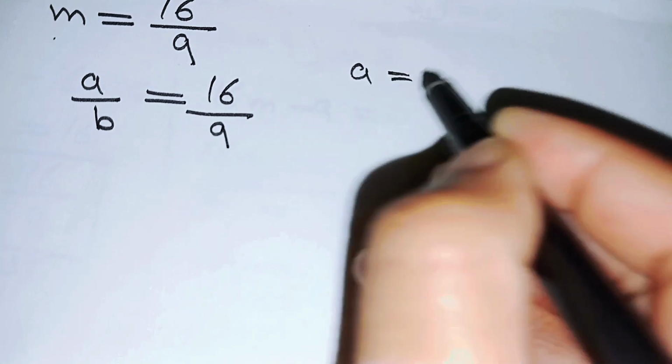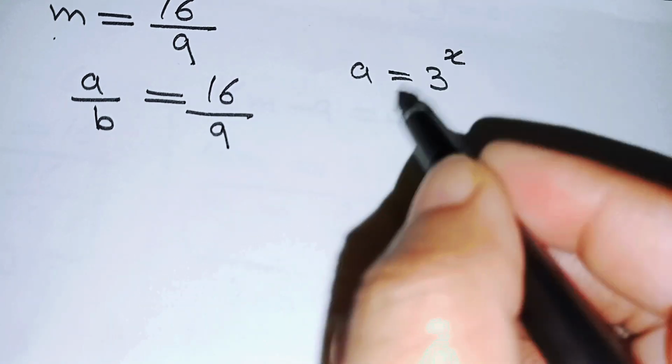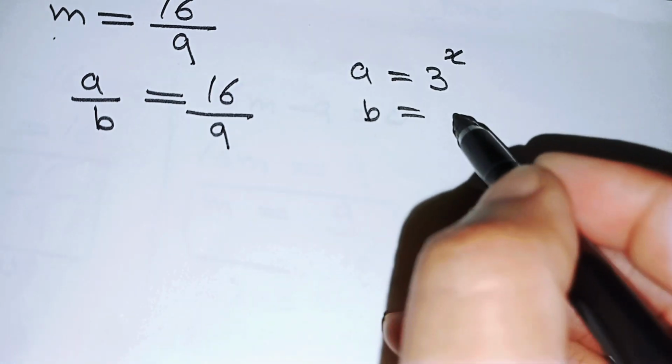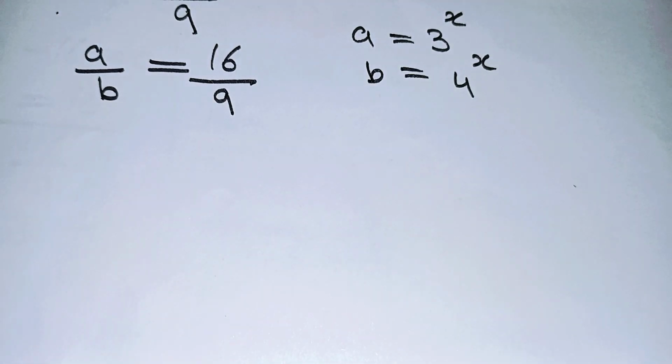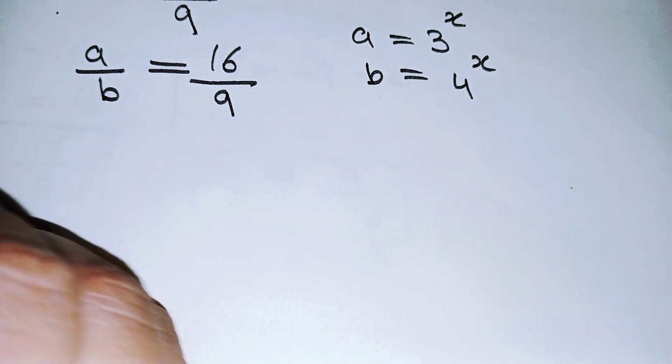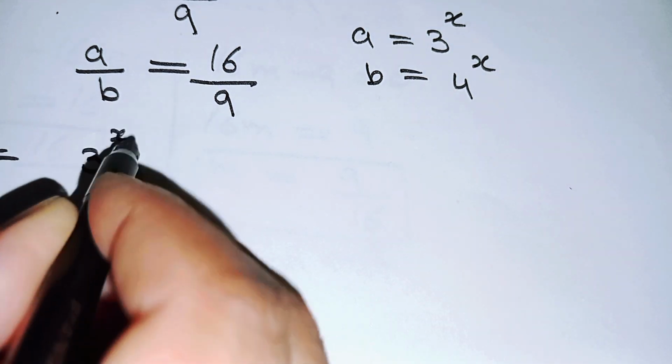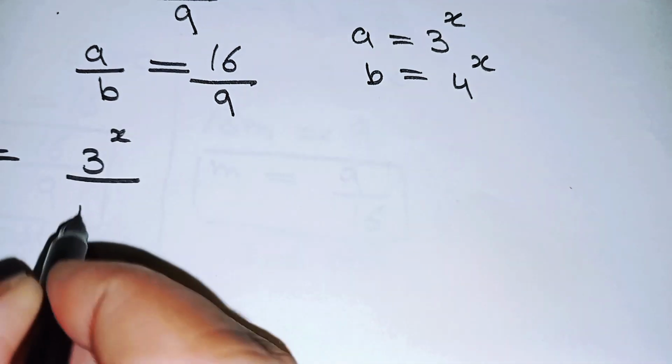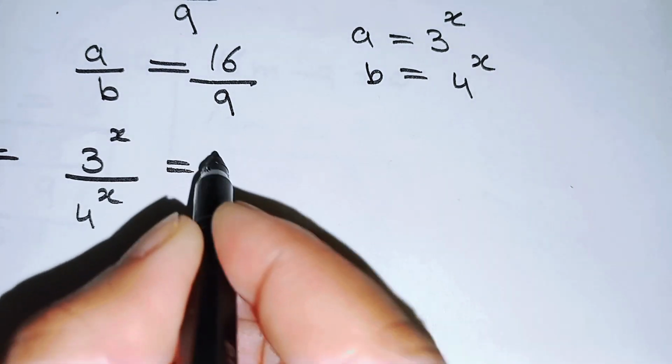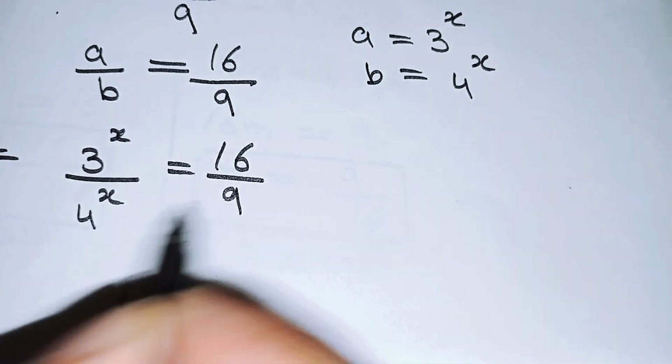So here we put them the value of this: a the value of 3 the power of x, and b the value of 4 the power of x. And so here we put them, a is 3 the power of x over b the value is 4 the power of x and is equal to 16 over 9.